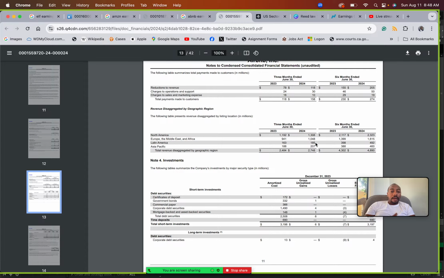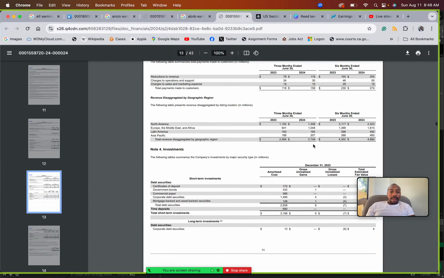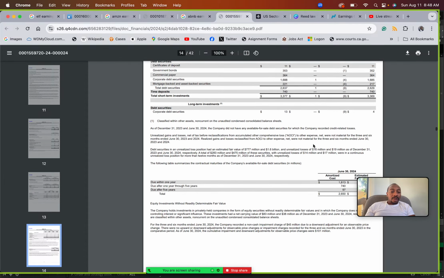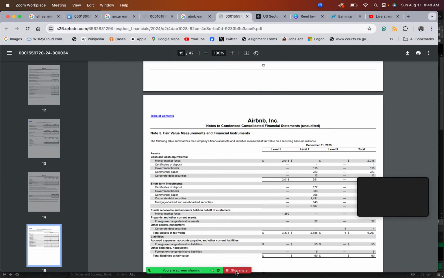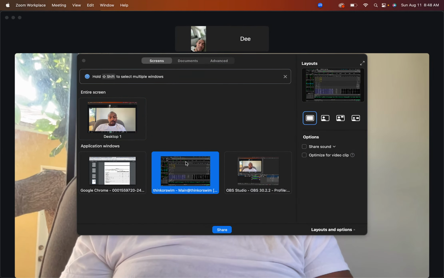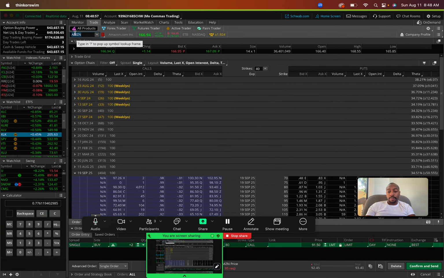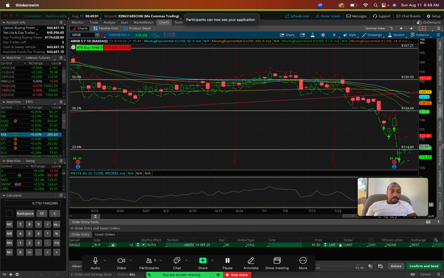Europe, Middle East, and Africa by what, 100 million, a little less than maybe 50 million. You know, smaller gains. So yeah, it didn't blow it away. And if you look at its stock price, Airbnb, right? You look at the stock price.